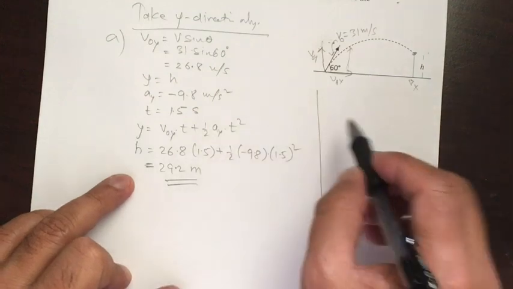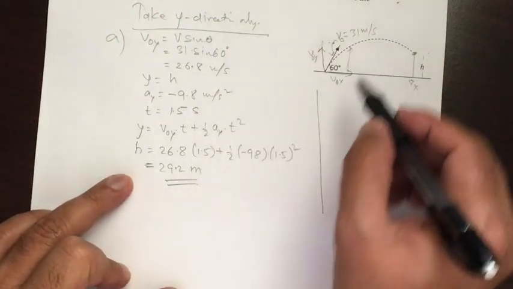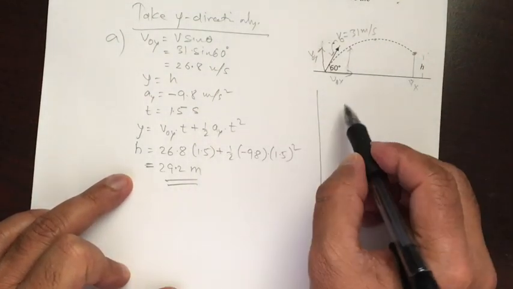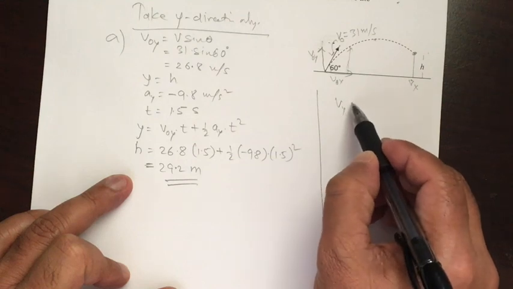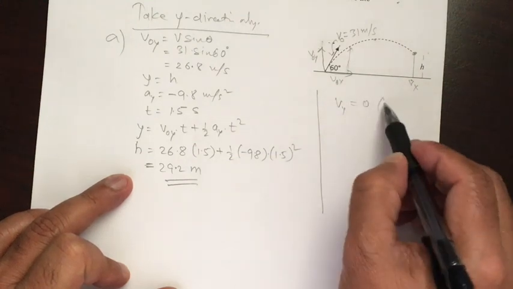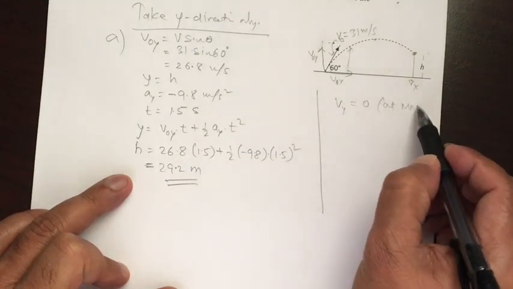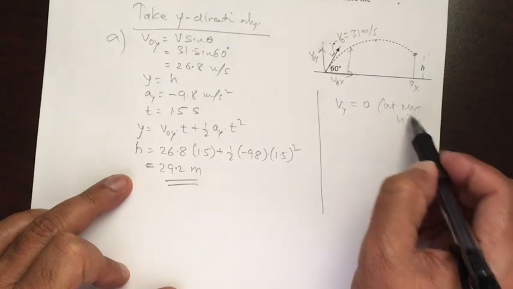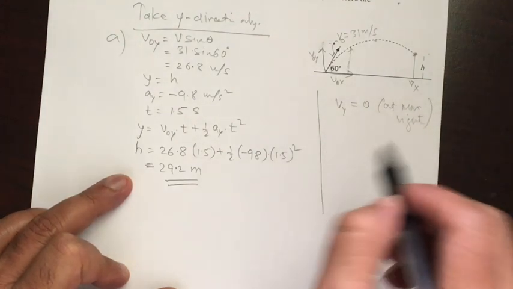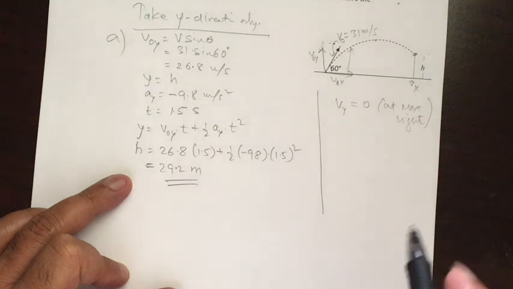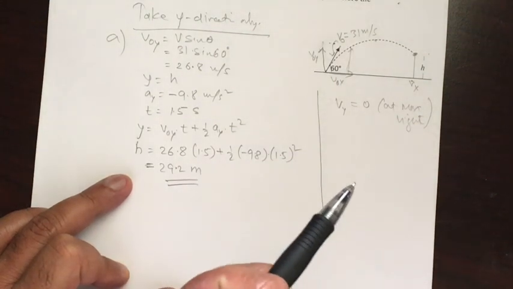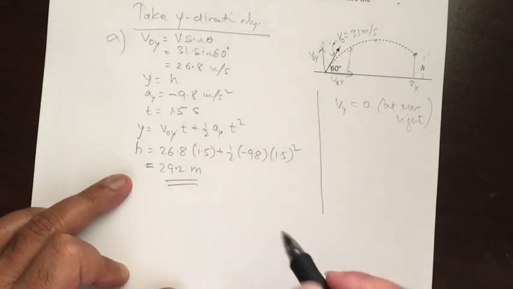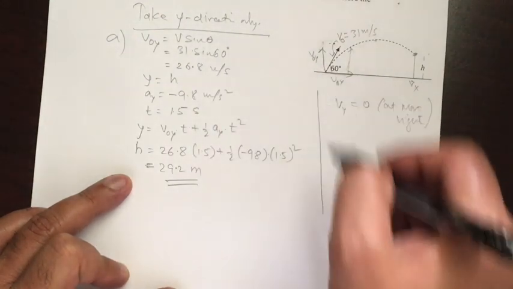I just want to double check and verify here. At your highest point, your vy will be 0 at max height. By the way, I'm not going to use the formula for the maximum height. If I ask you to find the maximum height, you cannot just use the formula, you need to do it this way.